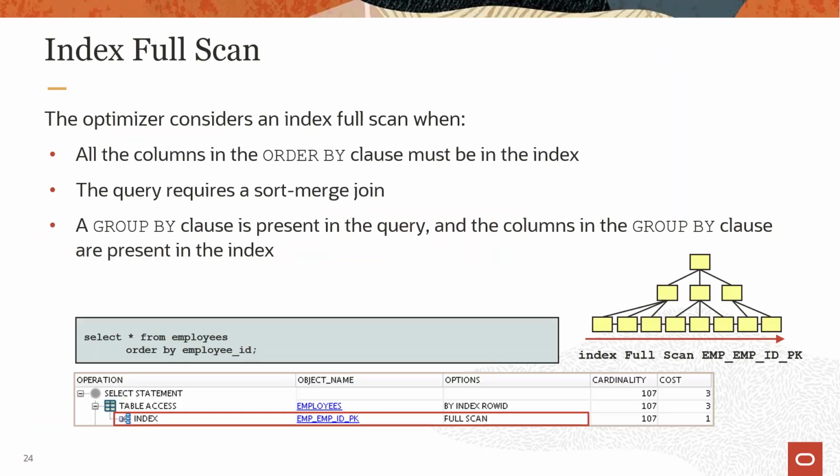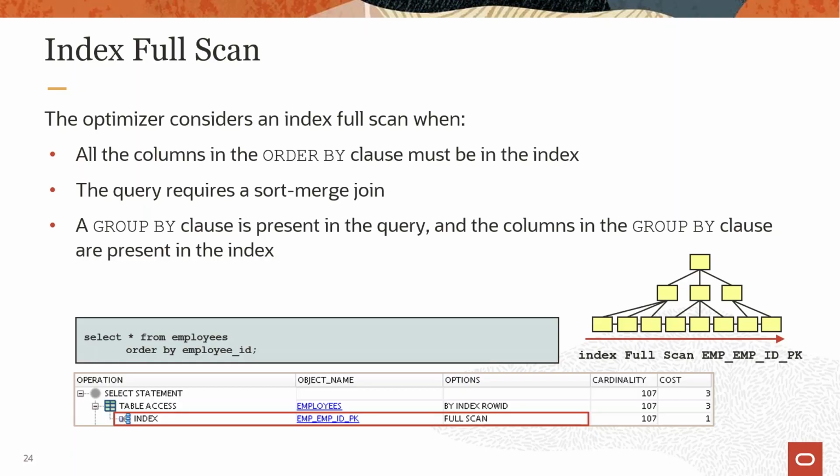So let's suppose the following. You have your select statement upon table employees. You request all the records, but sorted upon employee ID. Suppose that the employee ID is indexed and that all the values in the employee ID column have an index entry within the index.